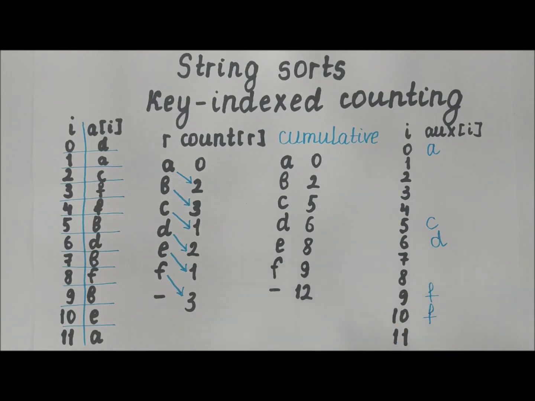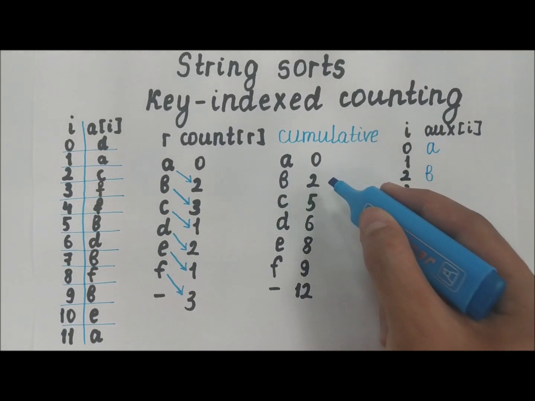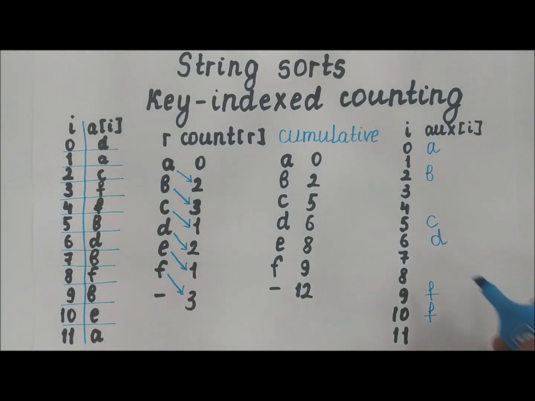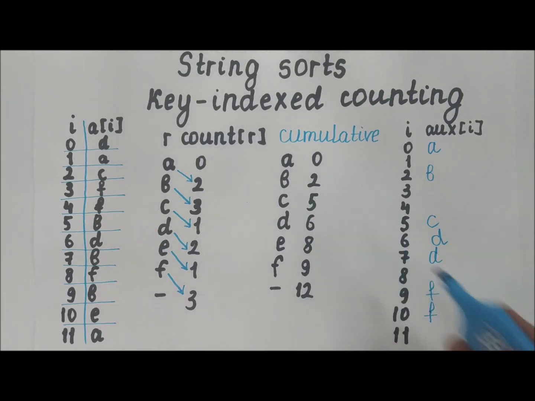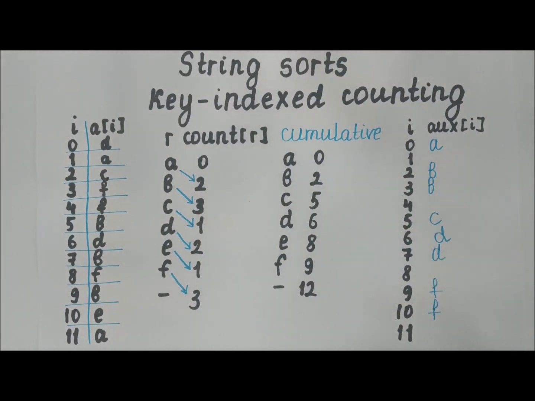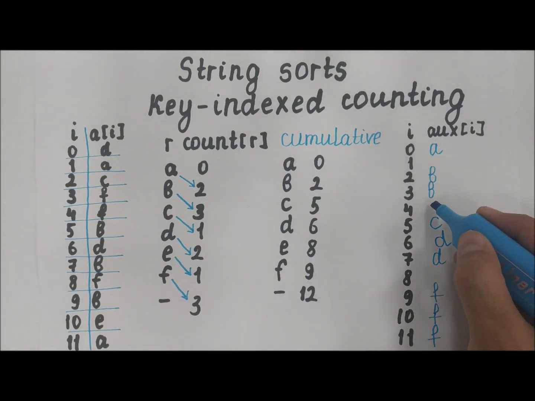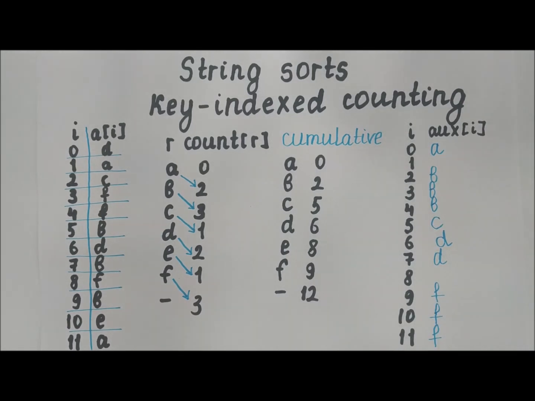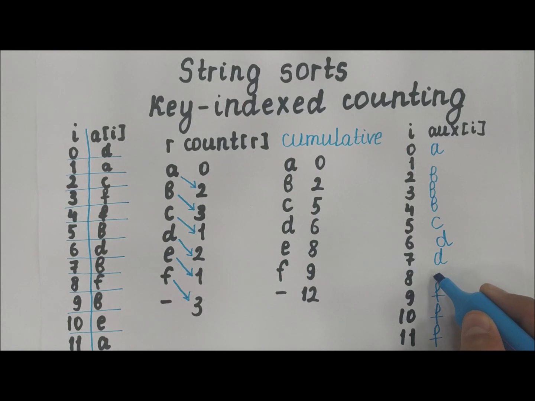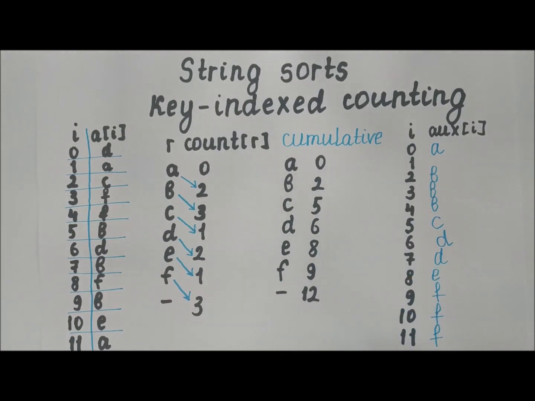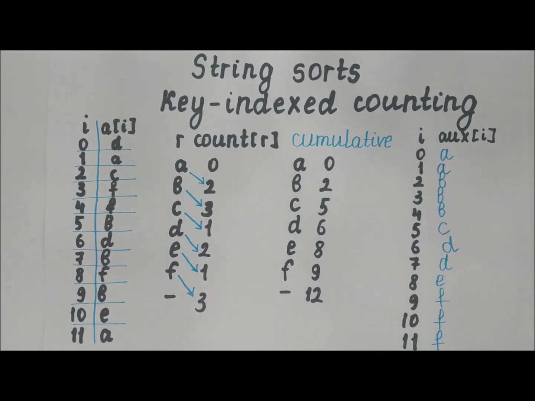F will be 11, and 2B, B will be 3, 7D, D will be 8, and 3B, and B will be 4, 11F, F will be 12, and 4B, B will be 5, 8E, 8 will be 9, and the last one is A. First, A will be 2. So that's all.